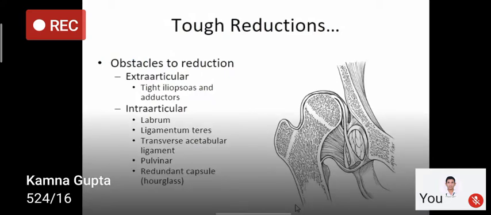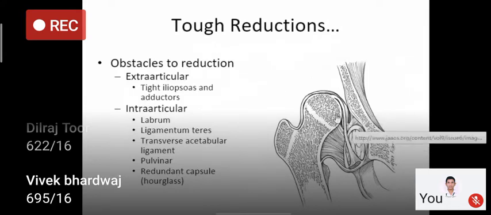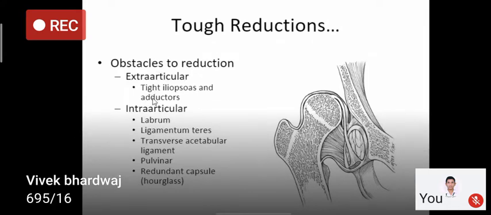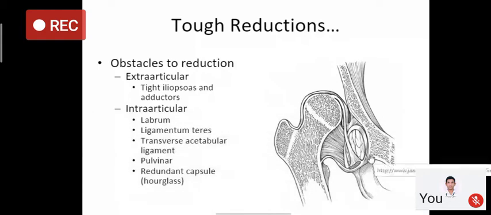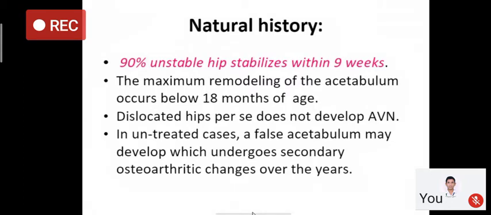Reduction is tough. Obstacles to reduction: extraarticular structures, that is iliopsoas and adductors. Intraarticular: ligamentum teres, transverse acetabular ligament, labrum, fibrofatty tissue, pulvinar, and redundant capsule. 90% of unstable hips stabilize within 9 weeks.